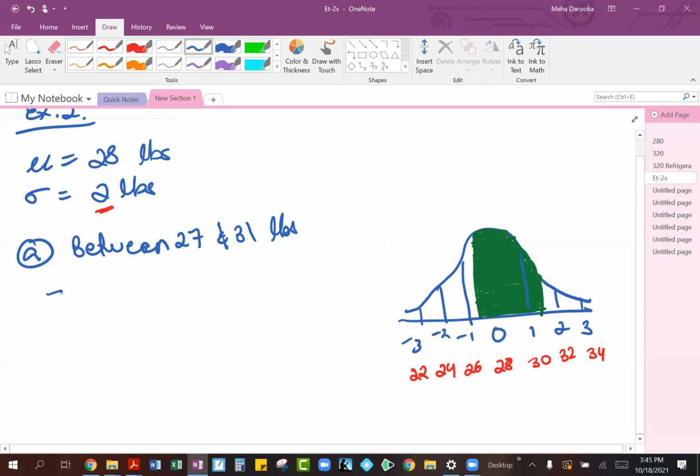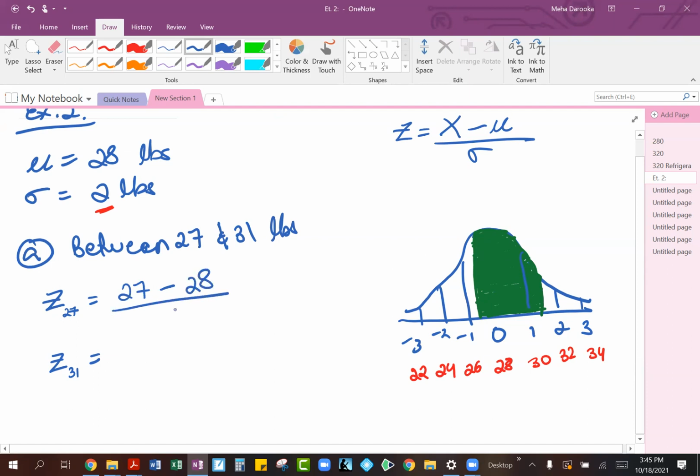We'll find the z-score for 27, and we'll find the z-score for 31. So remember your formula for z-score was data value minus the mean divided by standard deviation. So your data value is 27. Your mean is 28. Divide that by your standard deviation. Same thing for 31. Minus 28 divided by 2.